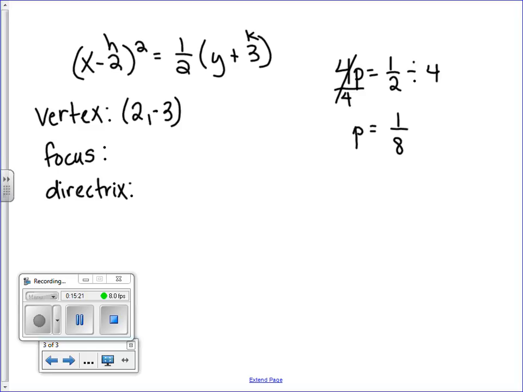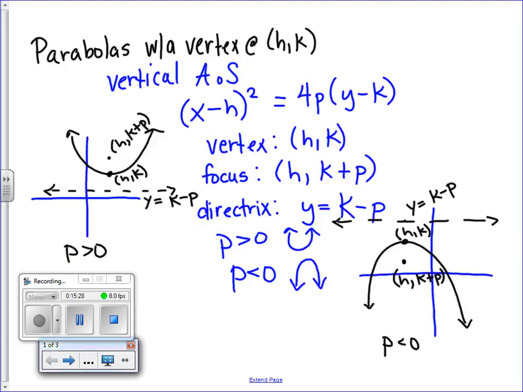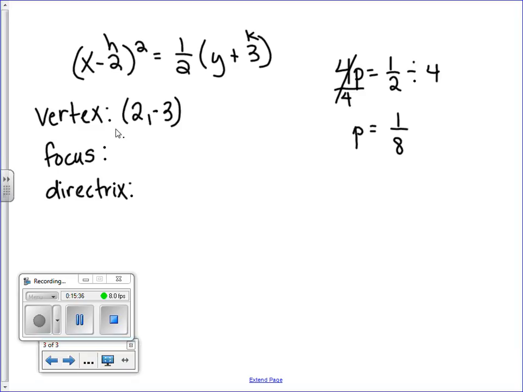Okay, X is being squared, right? So let's look back at our X is being squared. Our focus is at H, comma, K plus P, right? So it's going to be at H, comma, K plus P. Negative 3 plus 1/8. Negative 2 and 7/8.